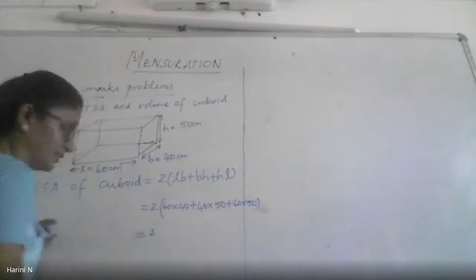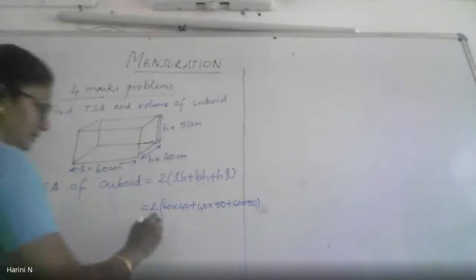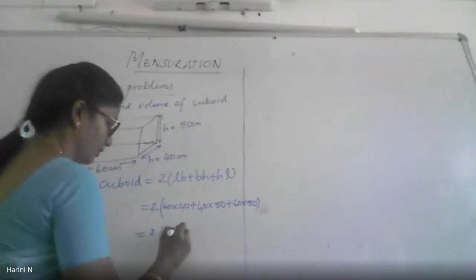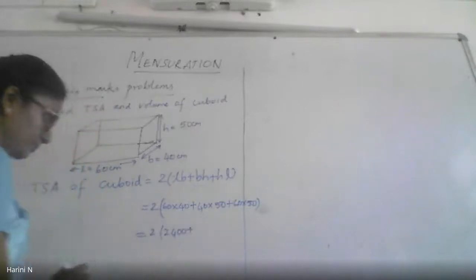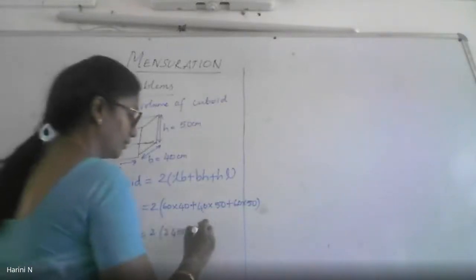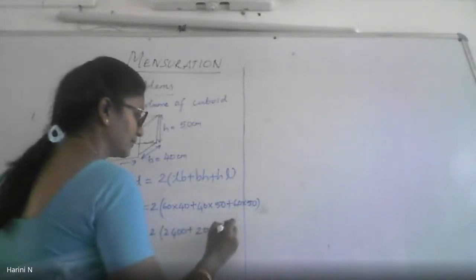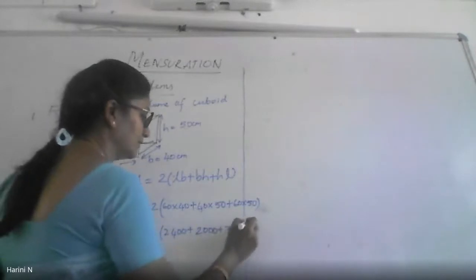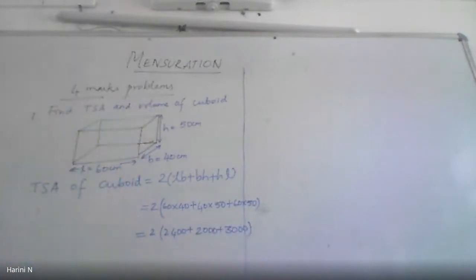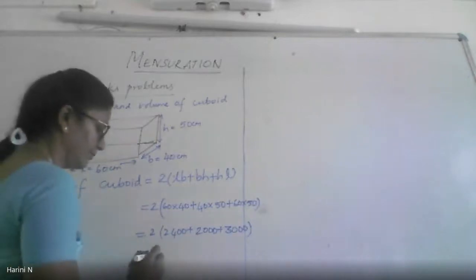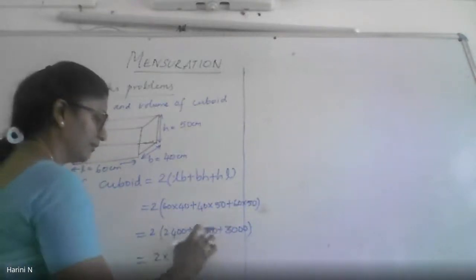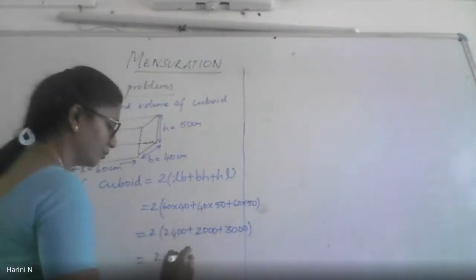So find the product first. 60 into 40, 2400. 40 into 50, 2000 plus 50 into 60, which is 3000. So 3000, 2000 and 2400. 2 times 5 plus 2, 7400.